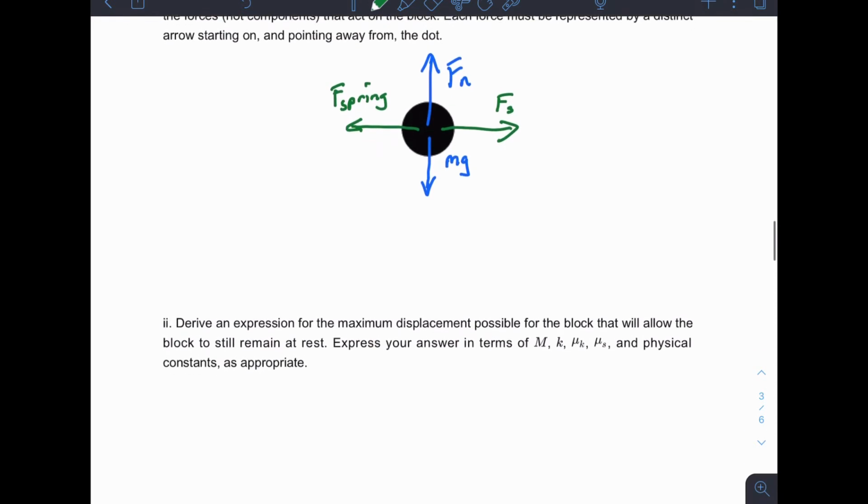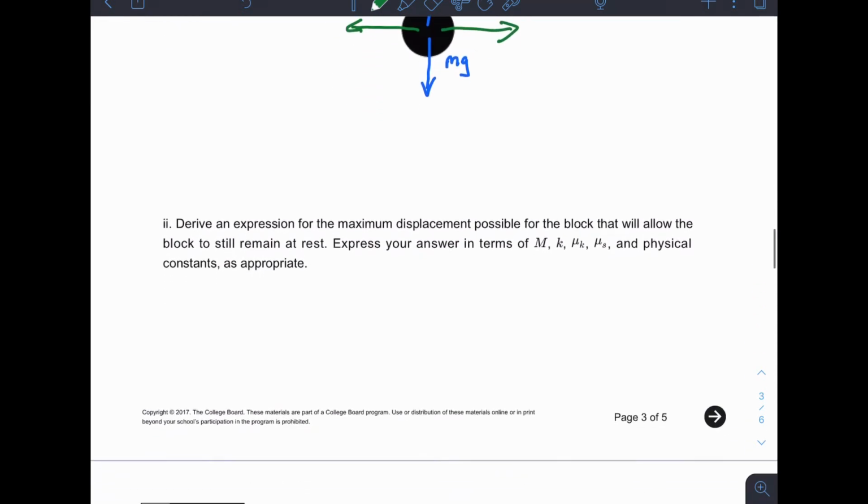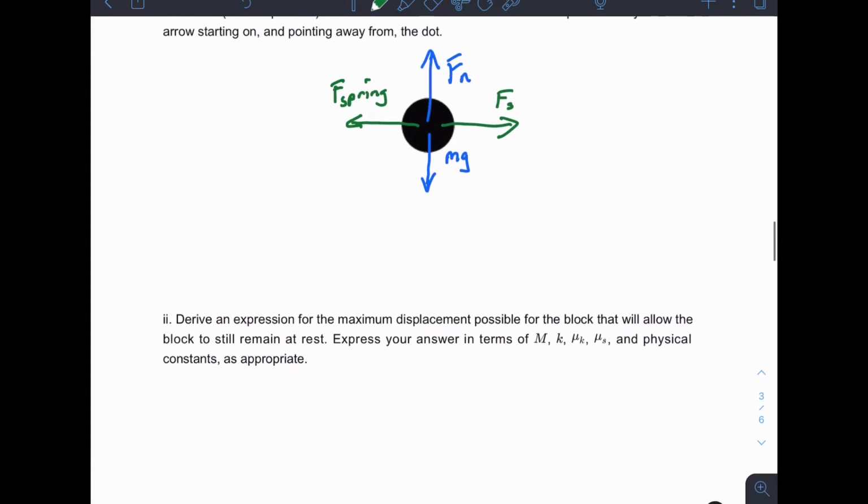All right, now derive an expression for the maximum displacement possible for the block that will allow the block to still remain at rest. Express your answer in terms of m, k, mu s, and physical constants as appropriate. So this is kind of our guiding principle here. We don't have to worry about the vertical forces, but the horizontal forces we have to worry about. So F of the spring has to equal Fs, the static friction force.